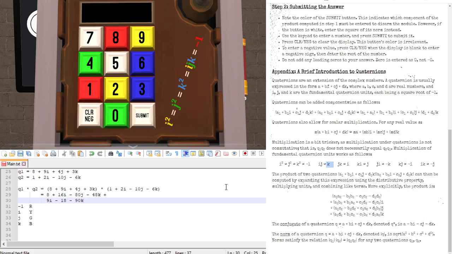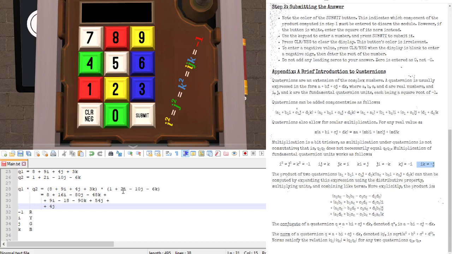And the same, now it's 9i times minus 6k is minus 54, and i times k is, and be careful, that's like going from right to left in the order ijk, ijk, and so on. So we have minus j. So this is minus j, and minus and minus yields plus. So we have it like this. Okay, we can continue. So next, for Juliet, we have plus 4j times 1 is 4j.